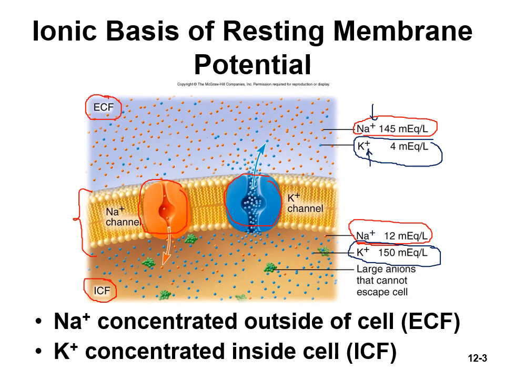So by manipulating the quantity of sodium and potassium that I have either inside or outside of my cell, I can regulate how positive or how negative my cell membrane is going to be. And that's then the basis of what we're going to see when we talk about exciting the cell membrane and doing something called inducing an action potential.